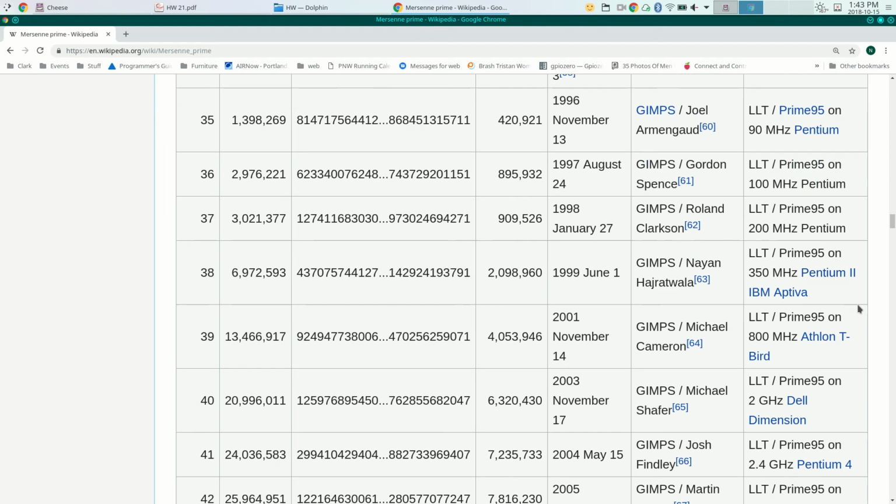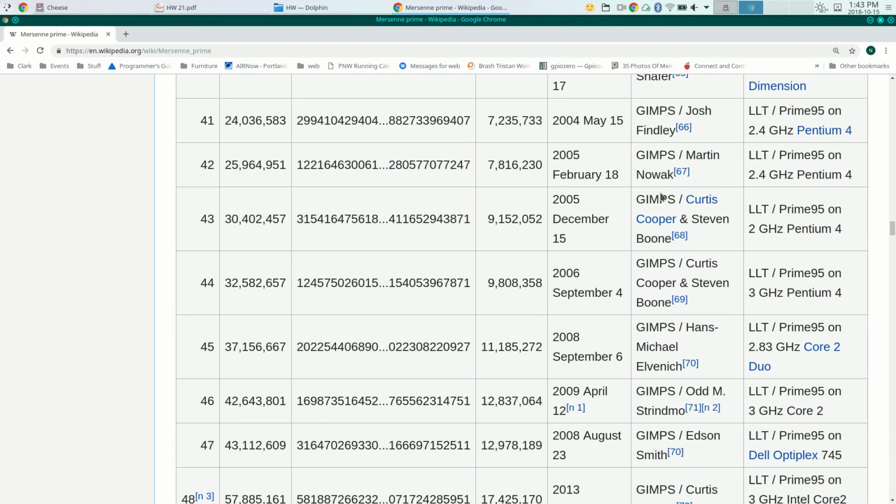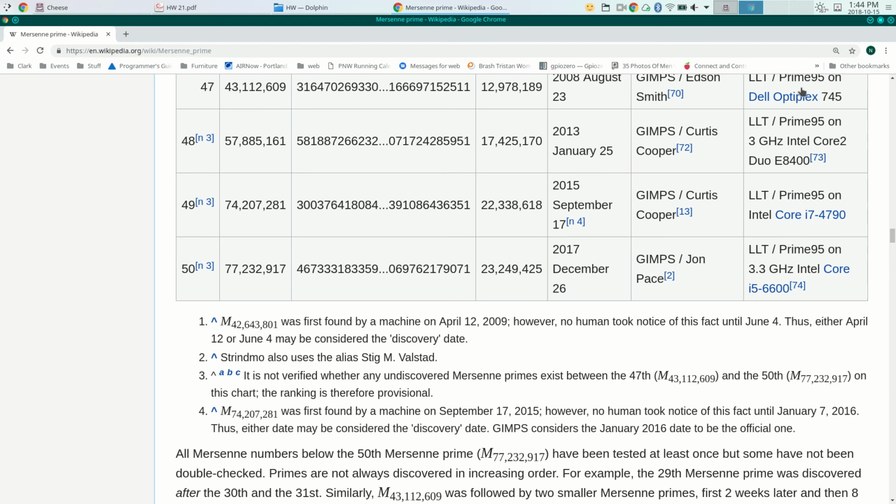And then somewhere around here, GIMPS starts showing up, right? So mid-90s. And most of the Mersenne primes now that we've discovered are done through GIMPS. So this was just someone's Core i5 running at 3.3 gigahertz, and they found their prime number. So that's fun.